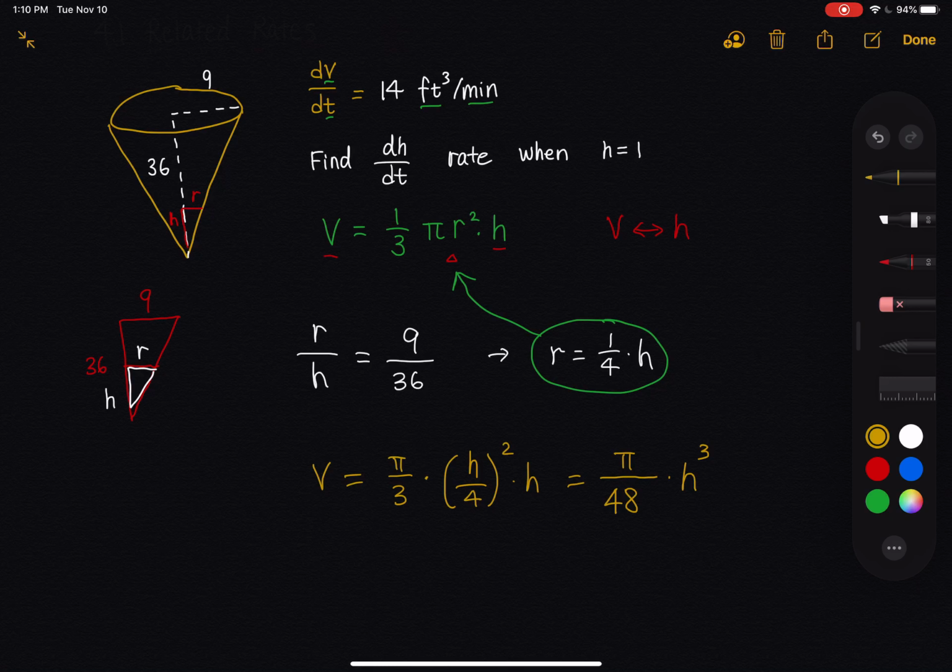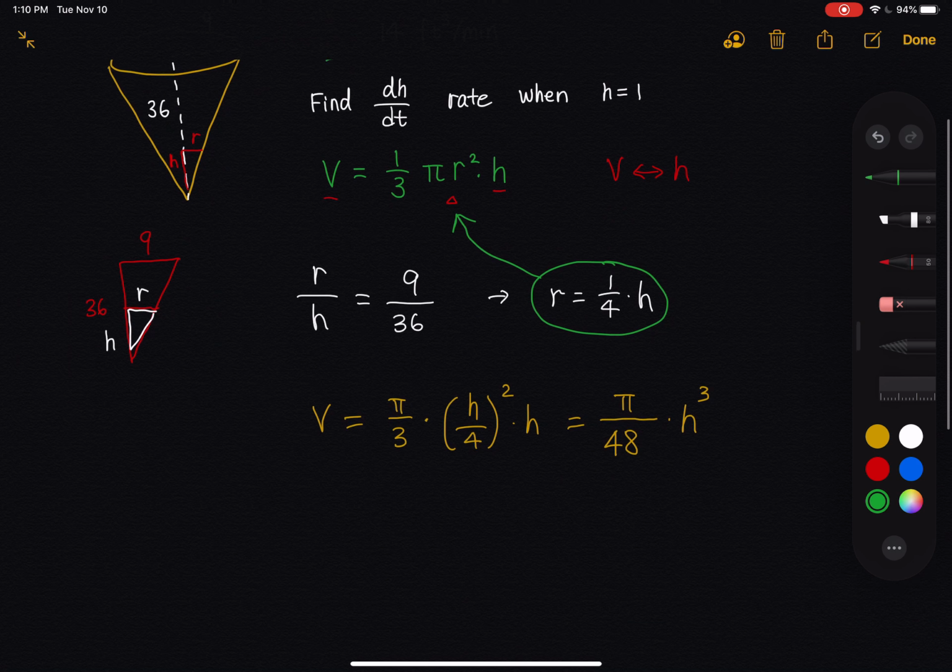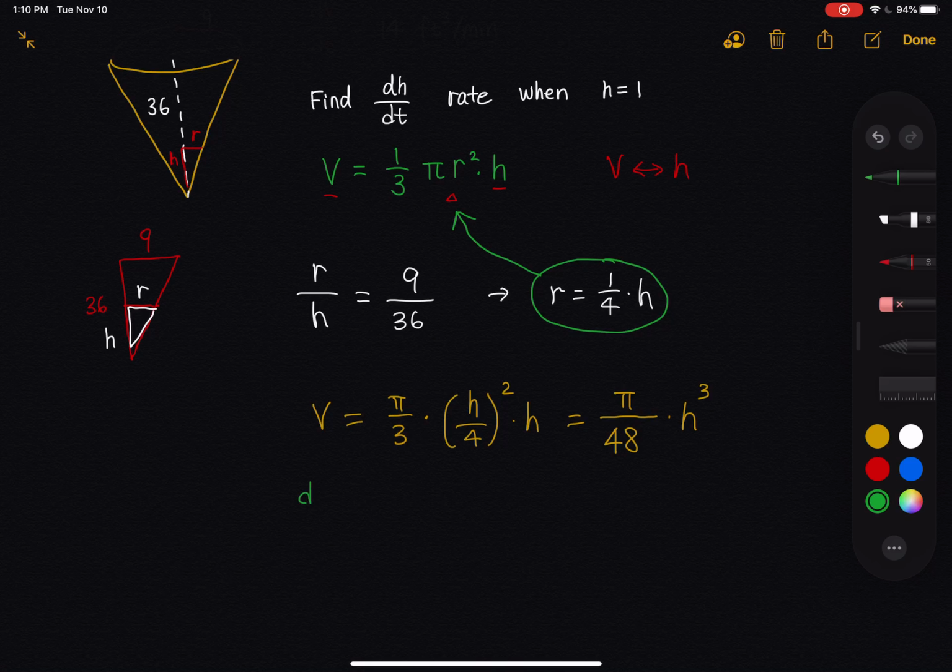Now we just take the derivative with respect to time. So dv over dt, that's the derivative of volume with respect to time. Pi over 48 is a constant, so we just leave it alone.